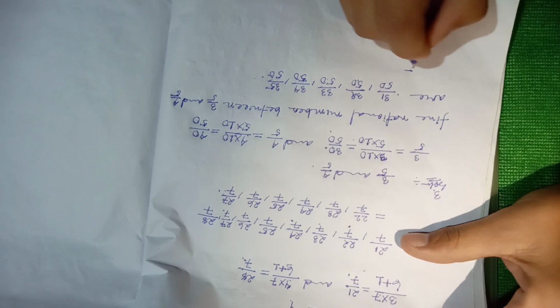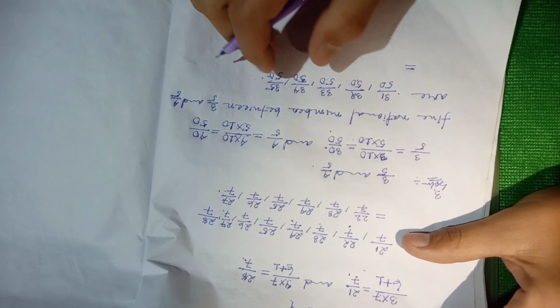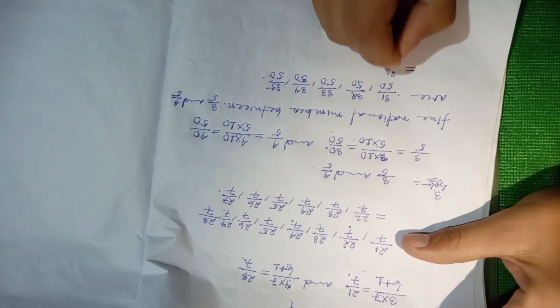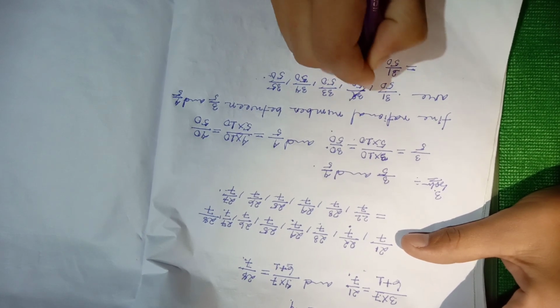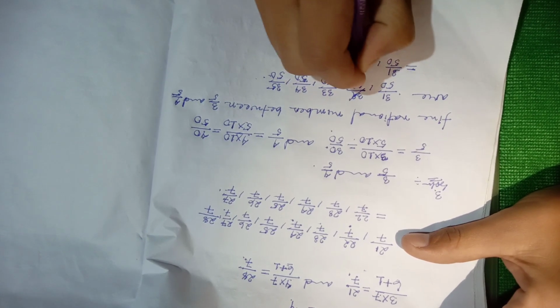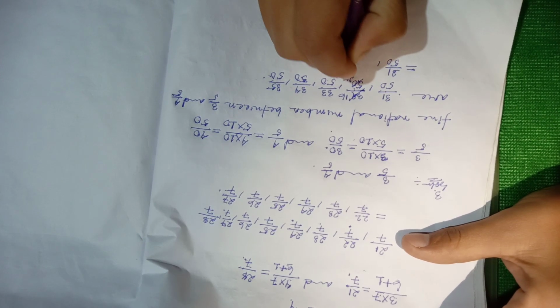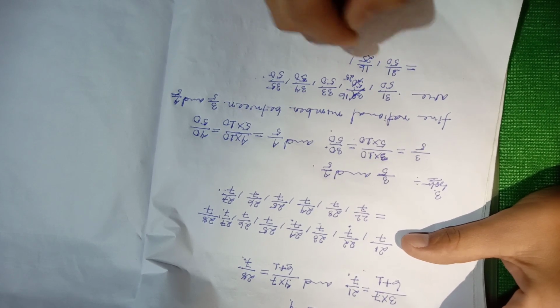So you have to check whether the fraction can be reduced or not. Firstly, the given fraction cannot be reduced, so you write it as it is, 31 by 50. And here you can reduce the fraction: 2 times 16 will give you 32 and 2 times 25 will give you 50, so 16 by 25.